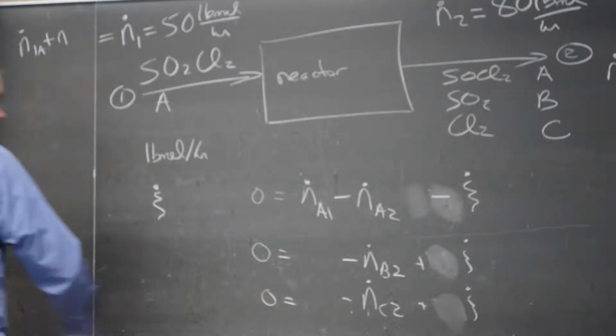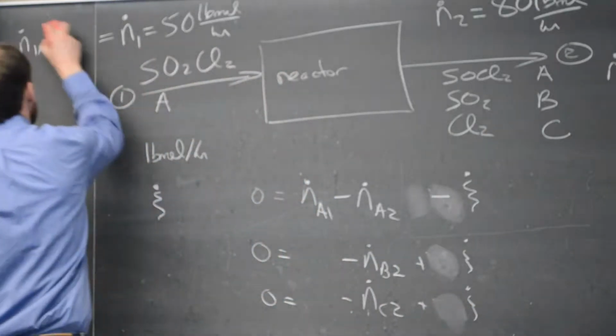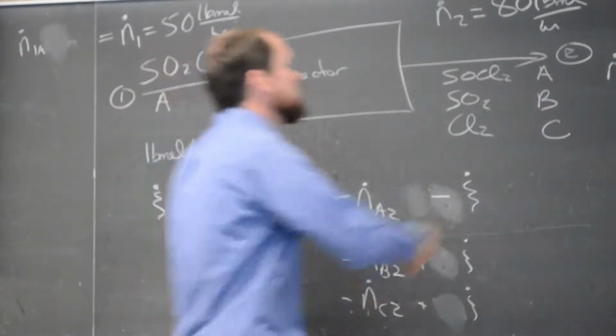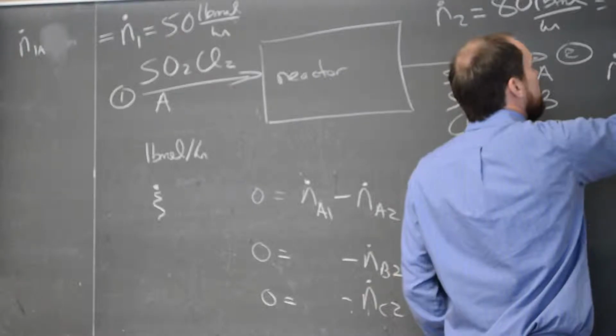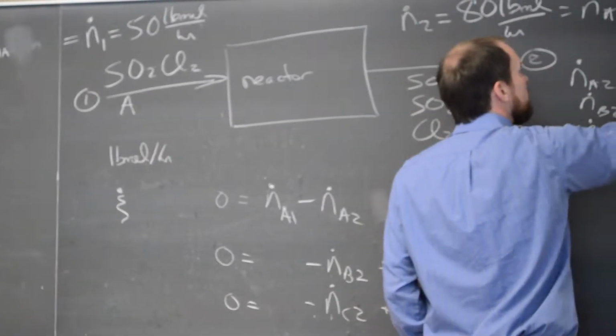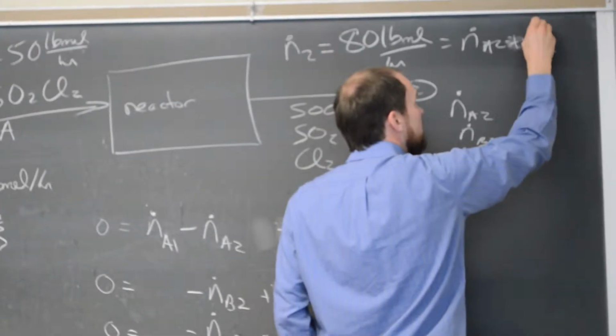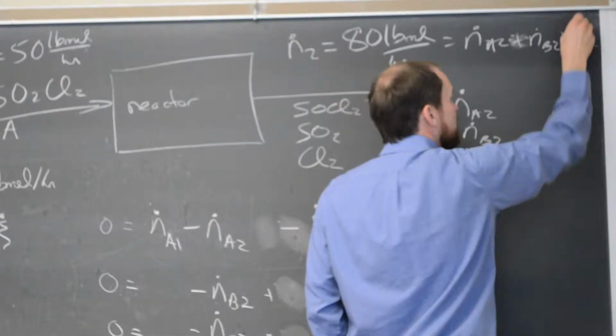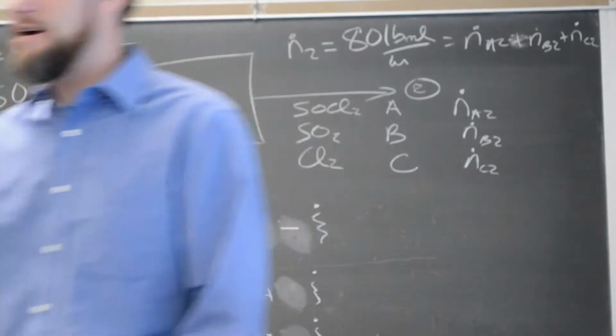One equation, like this guy over here, is NA2 dot plus NB2 dot plus NC2 dot. Great, so now I've got 5 unknowns, 5 equations. I should be able to crank through this and solve this.